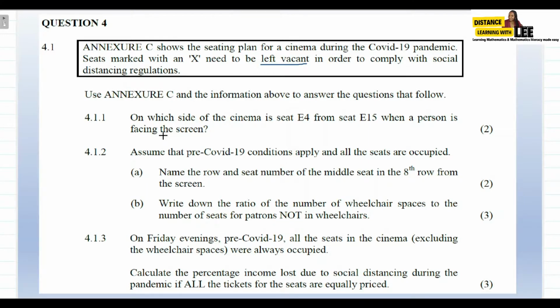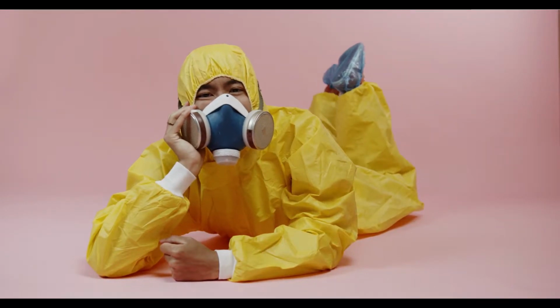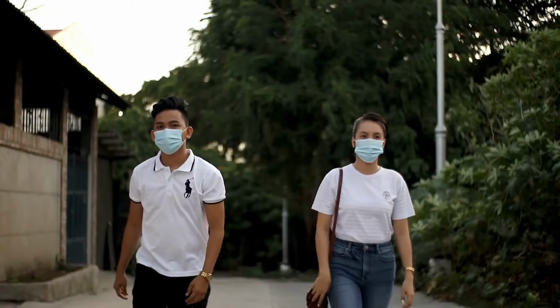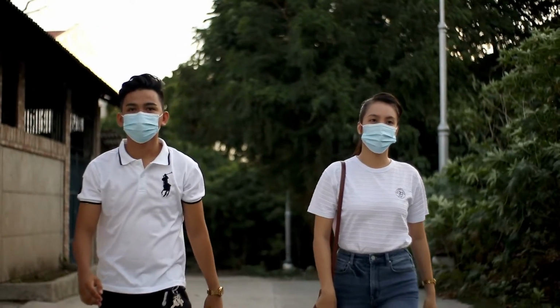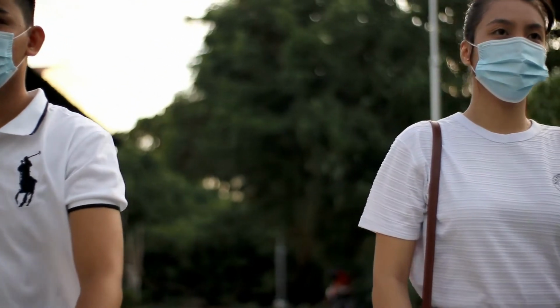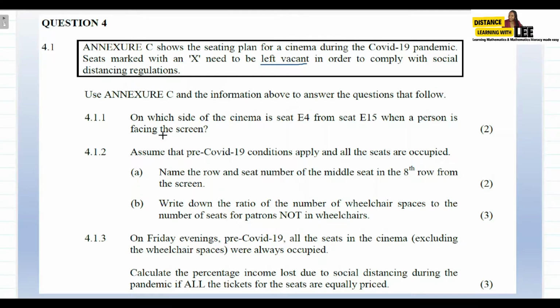If I were to take you guys back to what we were dealing with during the COVID-19 pandemic, if you remember, we had to comply with the social distancing regulations every single place that we went, whether it was Pick n Pay or the mall.